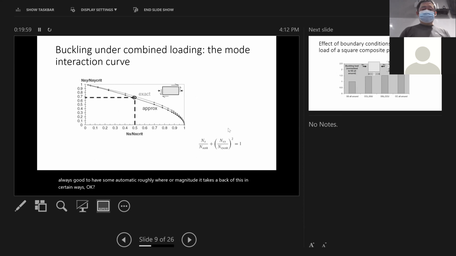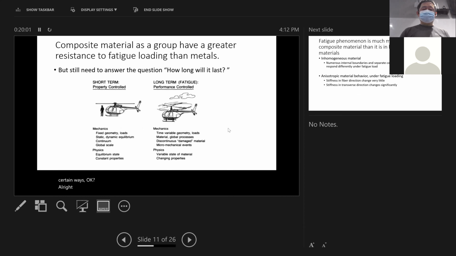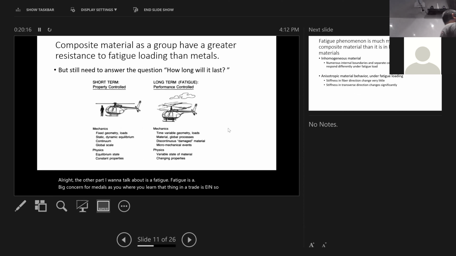All right. The other part I want to talk about is fatigue. Fatigue is a big concern for metals, as you're aware. You learned that in junior design, solids. It's almost like a cancer for metals.